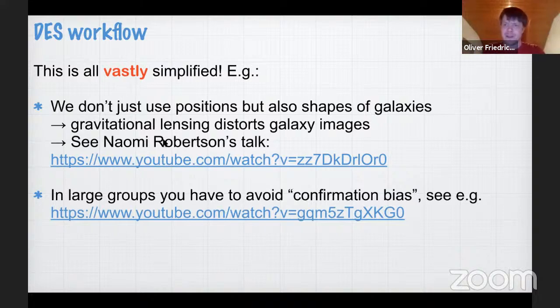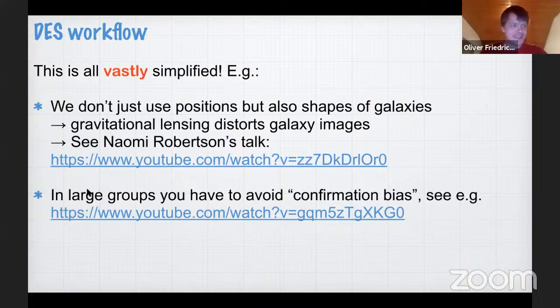We by far don't have enough time to talk about this in detail, but I think the recent talk we had in one of the open evenings by Naomi Robertson contains an introduction to that as well. If you weren't around for this and you're interested, I really recommend you check out Naomi's talk. And for example, another very important thing is working in these big groups of hundreds of people.